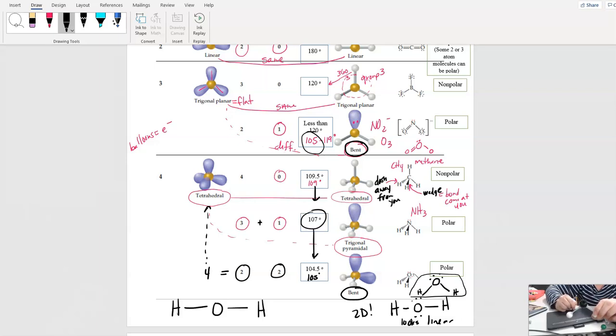All right, so then you're going to do this. And then they're going to say, okay, according to your structure, name the shape. Most people will say linear. They obviously didn't learn this chapter because it's not linear. You have to look at what it looks like in its true three-dimensional shape. So be very careful. Lewis structures will be very deceiving.